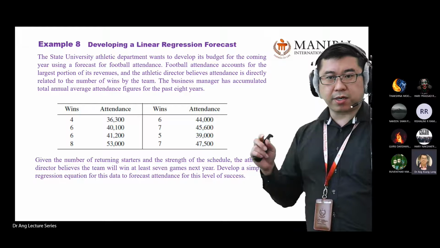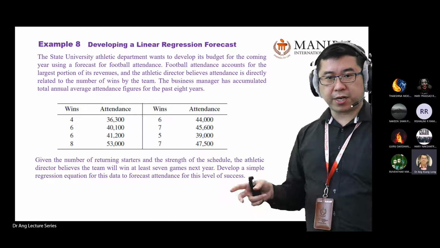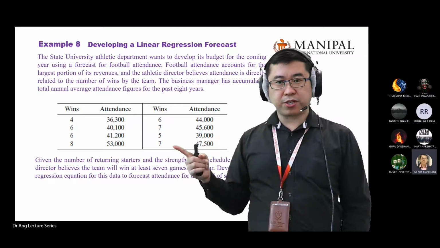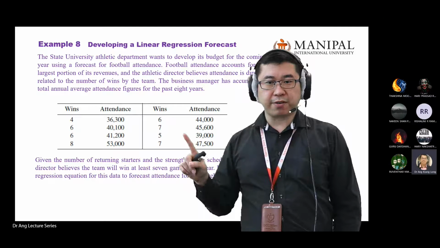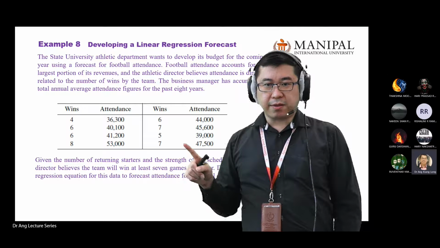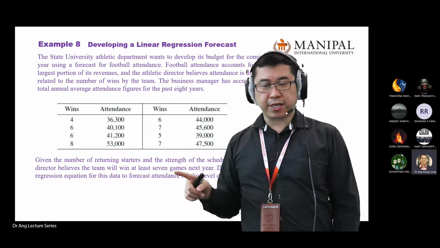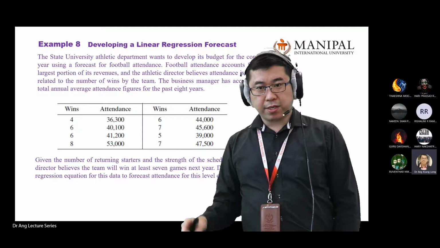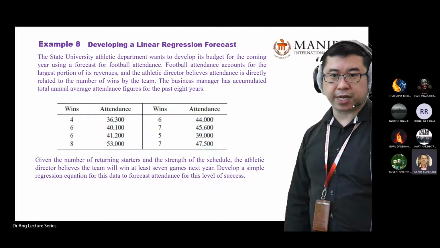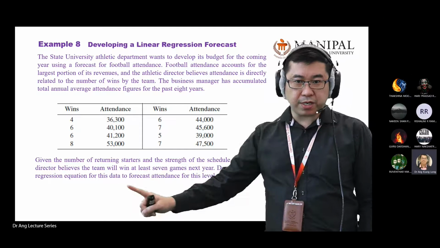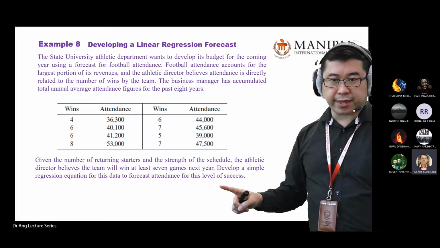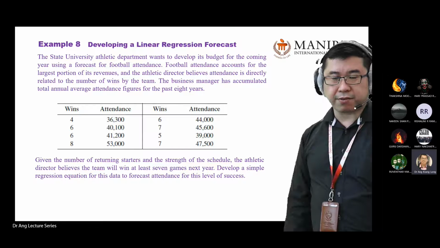So the team manager estimates next year, which is number 9, since you have 1 to 8. The director estimates they're going to win 7 games next year. Develop a simple regression equation for this data to forecast attendance for that level of success.